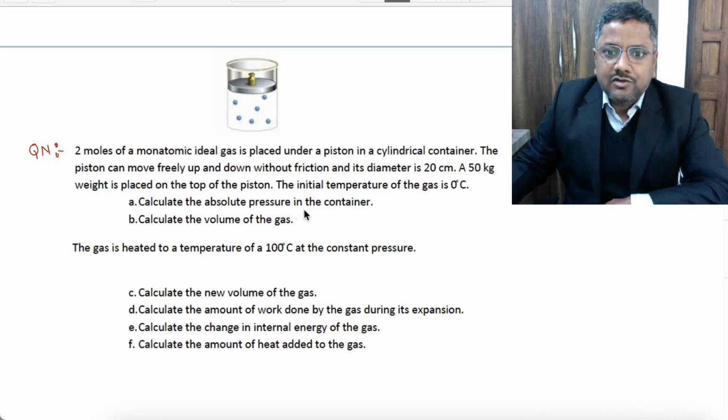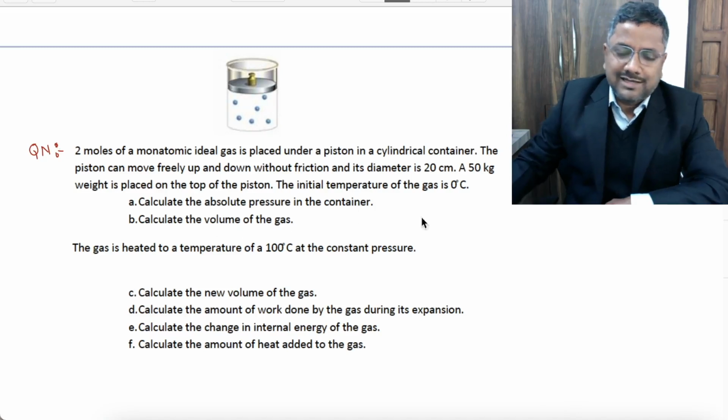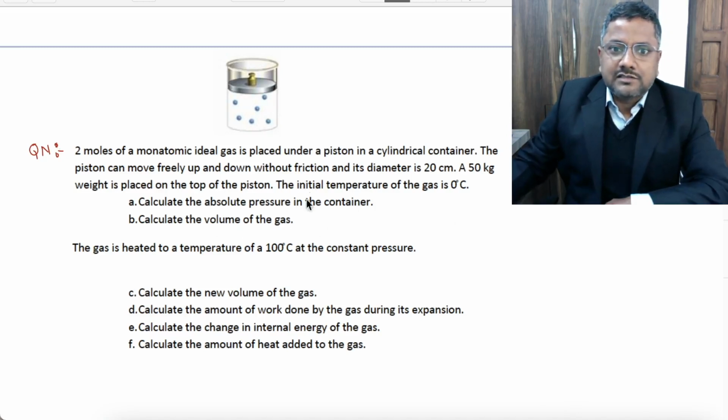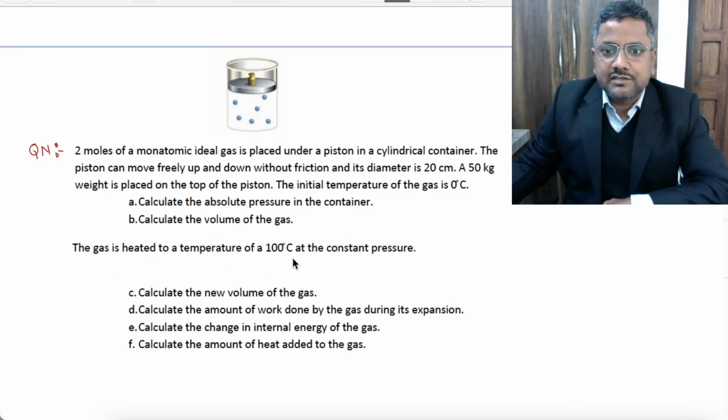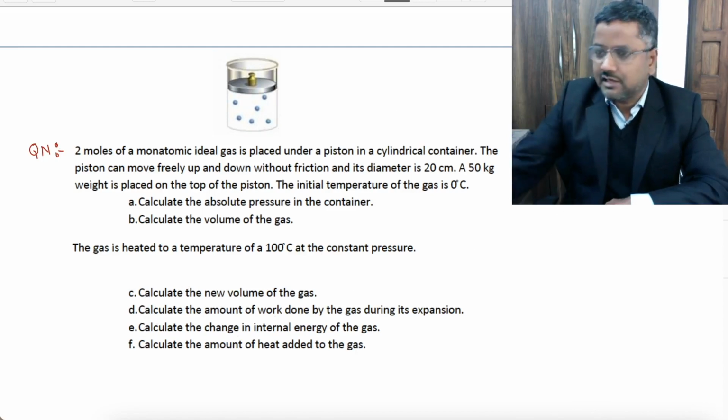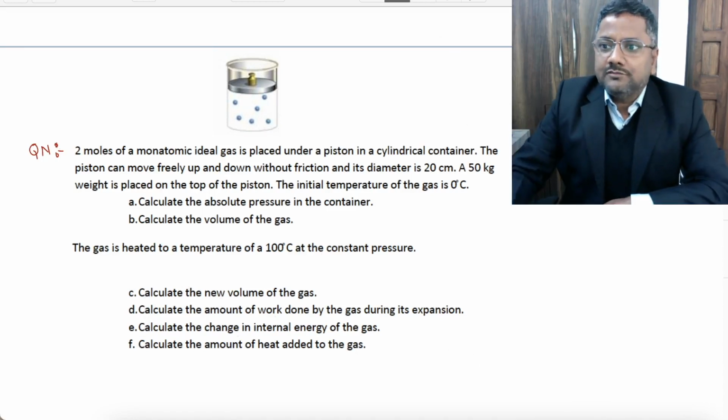Calculate the absolute pressure in the container and calculate the volume of the gas, right? This is initial state of our system. Now the gas is heated to a temperature of 100 degrees Celsius at the constant pressure. And after that you have to calculate this C, D, E and F. So let's start one by one.